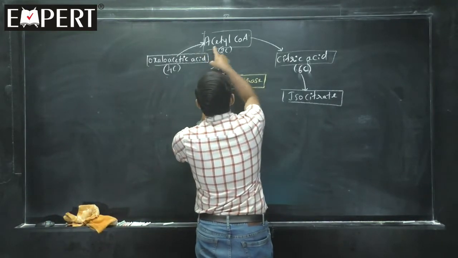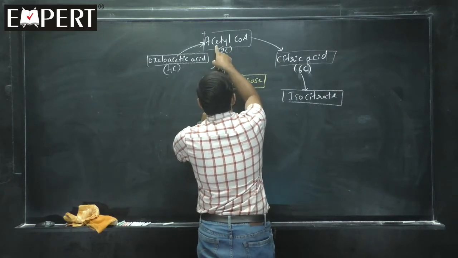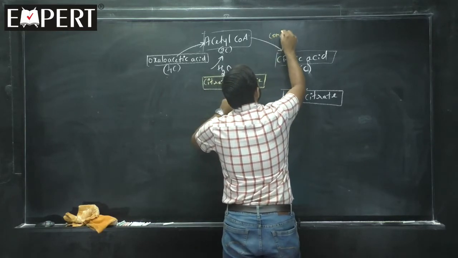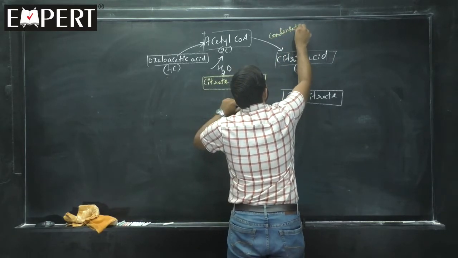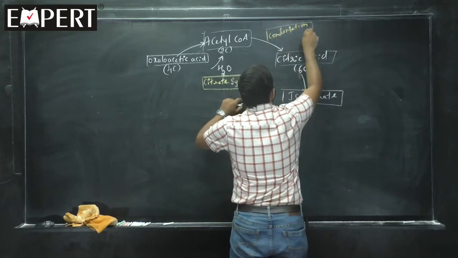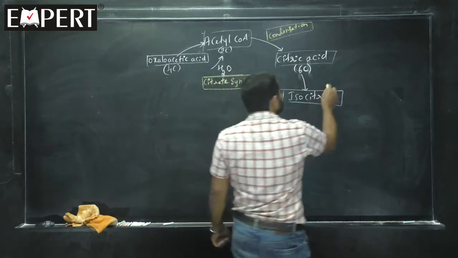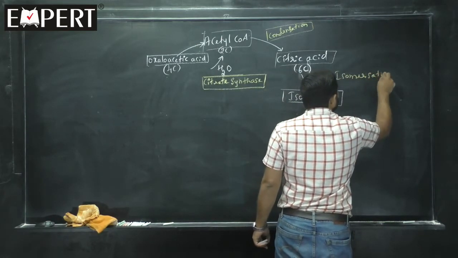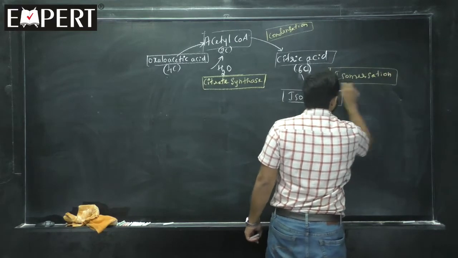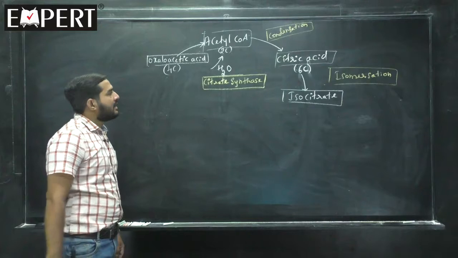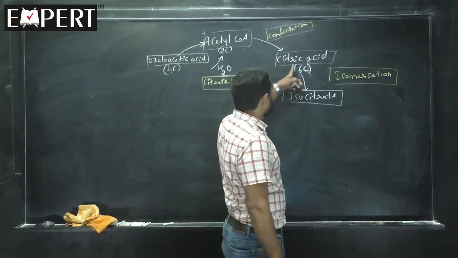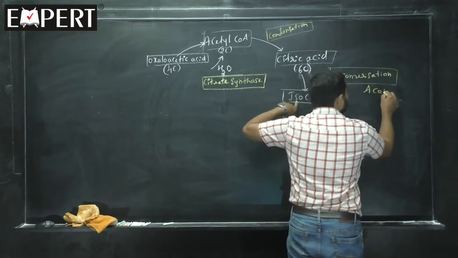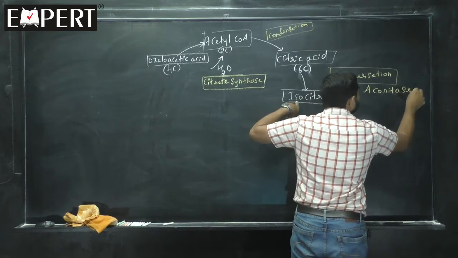Acetyl-CoA reacting with oxaloacetic acid to form citric acid is a condensation reaction, where the two molecules are joined here, and the next one is the isomerization reaction. Okay. If you want, I can mention that citric acid to isocitrate is done by an enzyme called aconitase. Aconitase is the enzyme here.